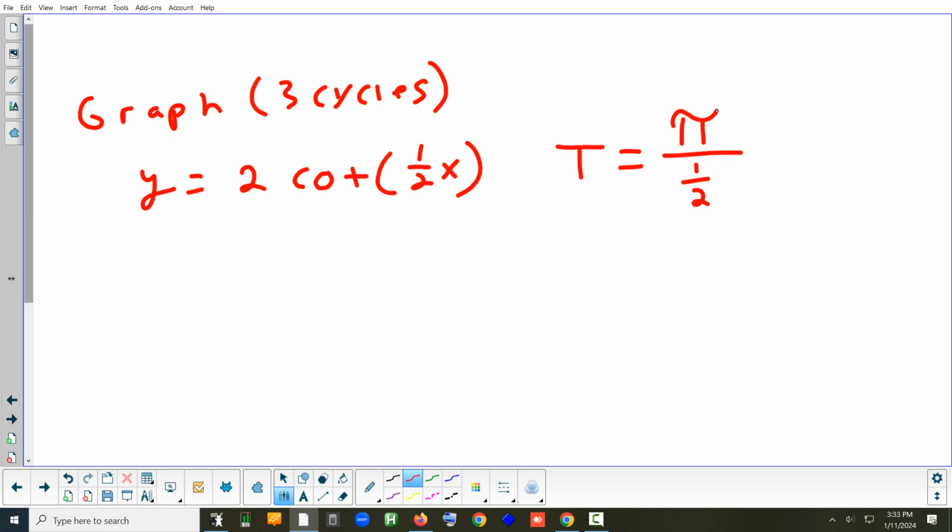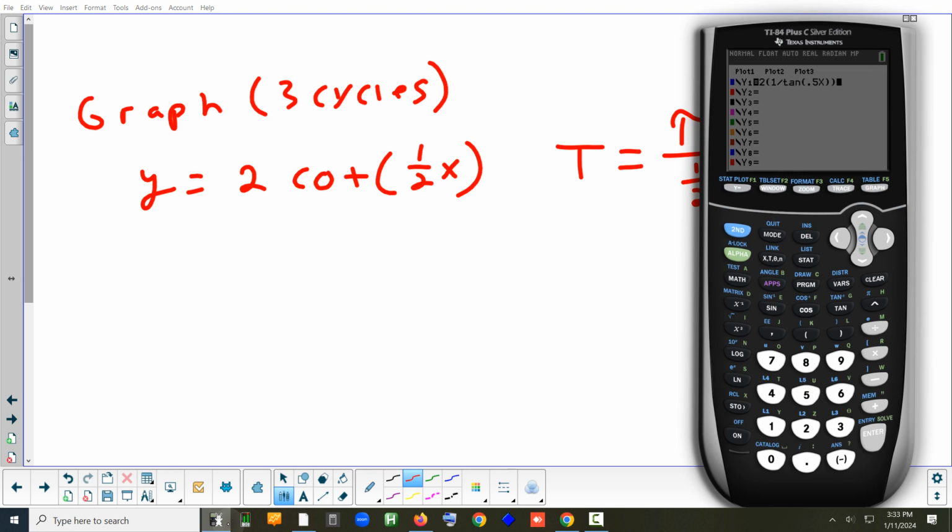So the period is pi over b, or in this case, pi over 1/2. What's pi divided by 1/2? 2 pi. Yep. So that's the length of 1 cycle. How much would 3 cycles be? 6 pi. So let's set a window 0 to 6 pi.